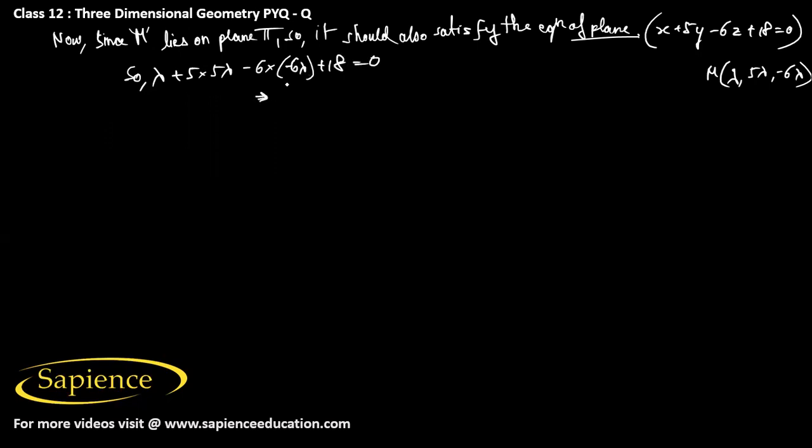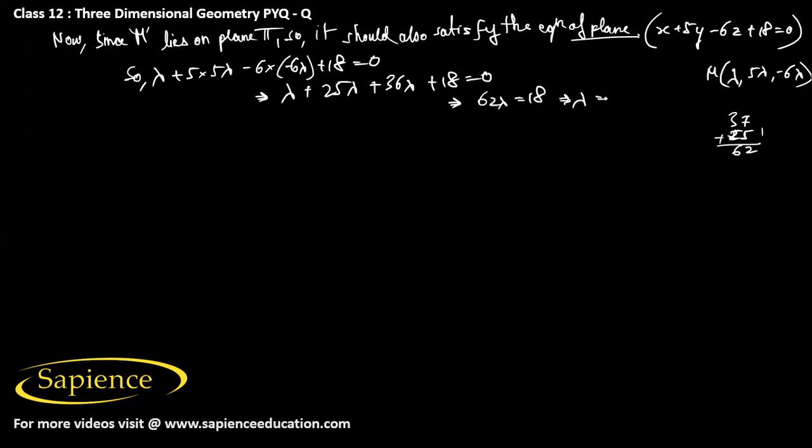So then we will get lambda plus 25 lambda plus 36 lambda plus 18 equals 0. So 62 lambda equals minus 18.